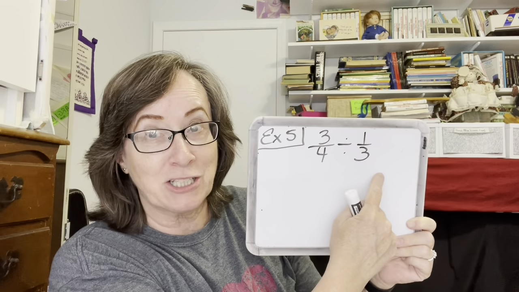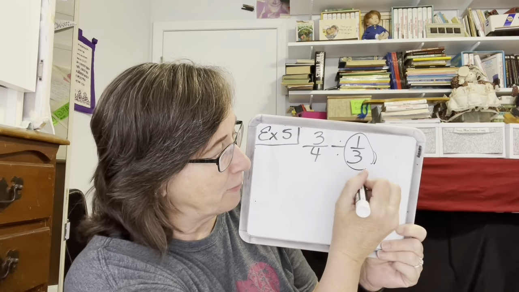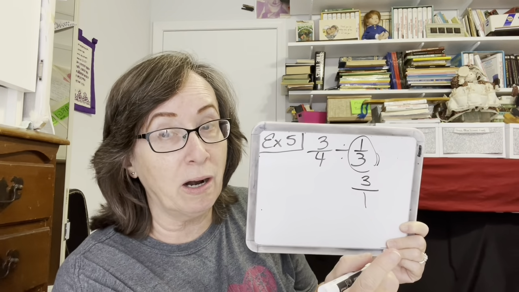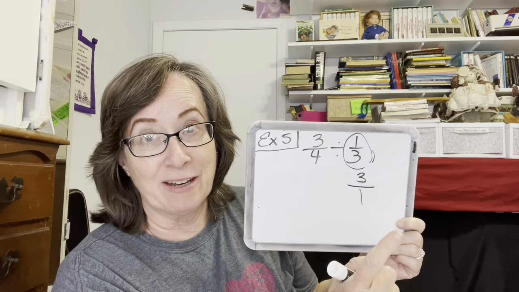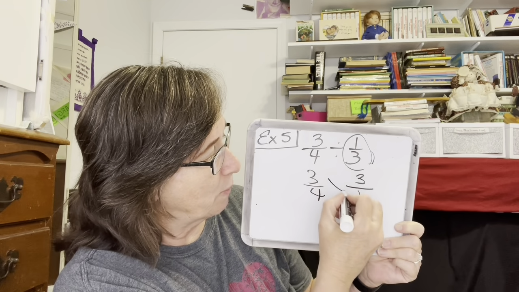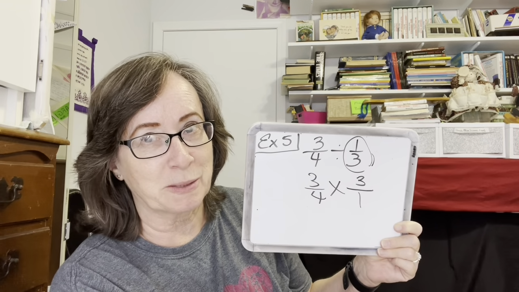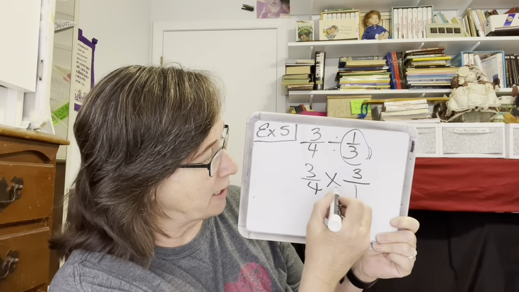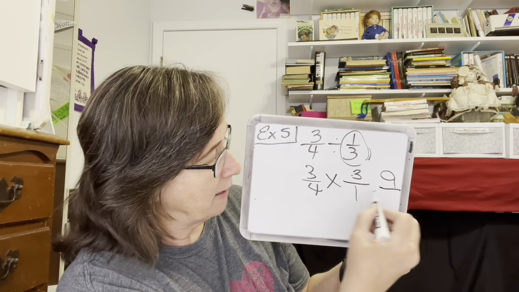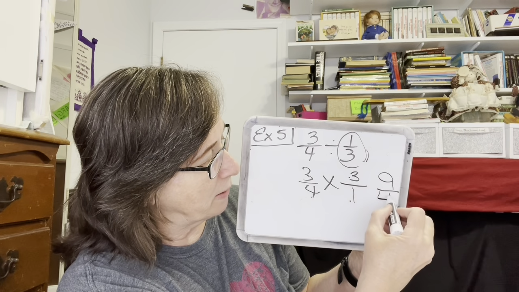All right, so we're going to take the fraction. We're going to flip it over. Remember, that's called a reciprocal or a multiplicative inverse. So we have 3/4 does not change, but we do change from division to multiplication. Makes it so much easier. So now we have 3 times 3 is 9. 4 times 1 is 4.